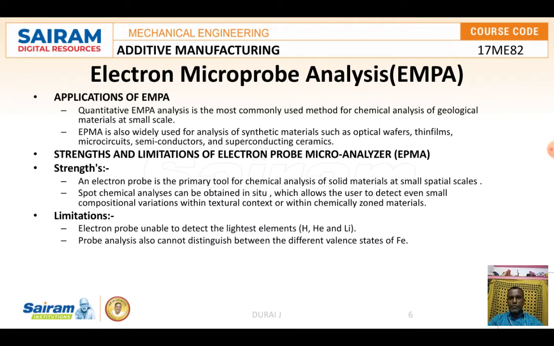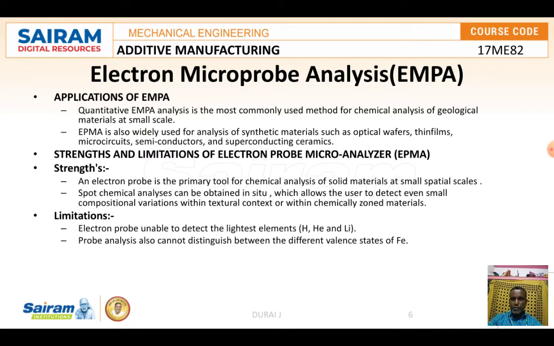As for applications, electron probe microanalysis is the most commonly used method for chemical analysis of geological materials at small scales.